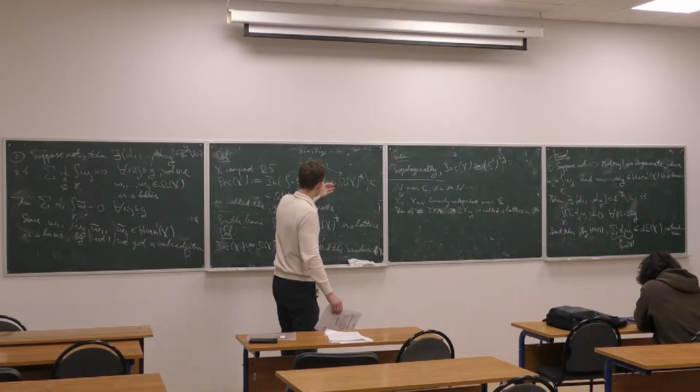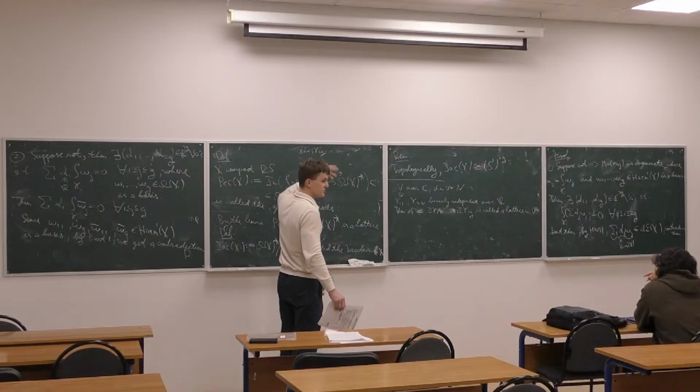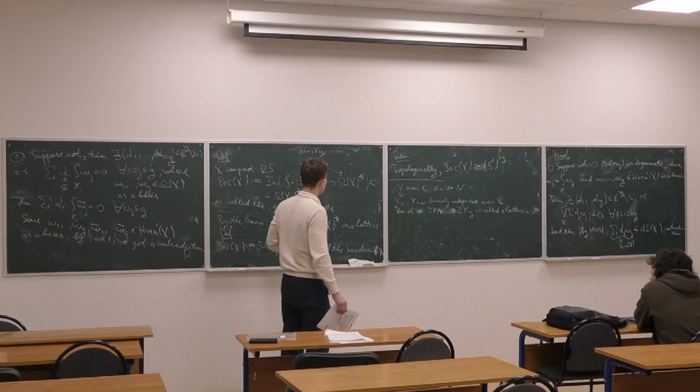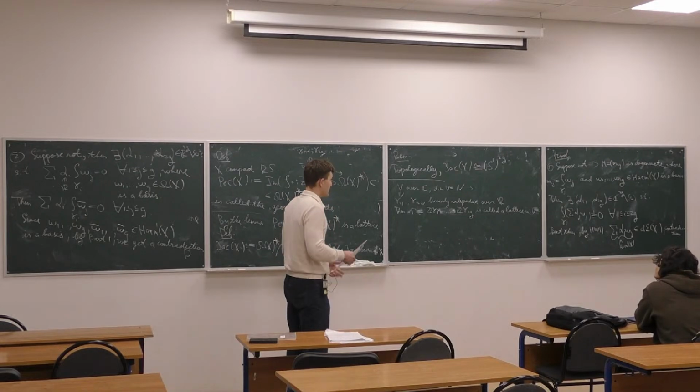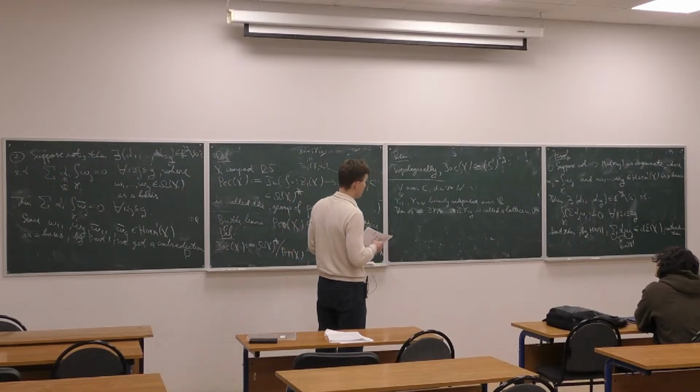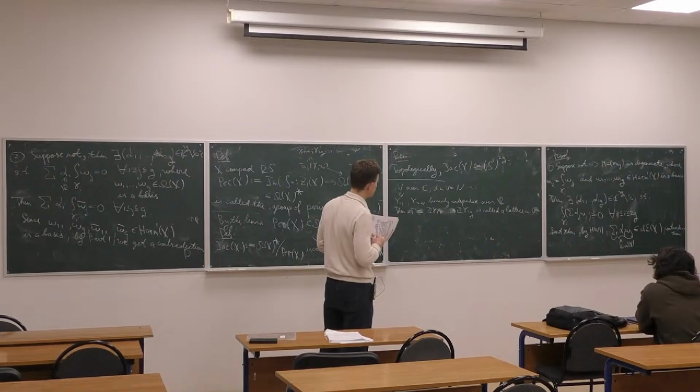So the image is generated by the integrals over these gammas with integer coefficients. And the last lemma says that these integrals are linearly independent over R. So by definition, what they generate with integer coefficients is a lattice.